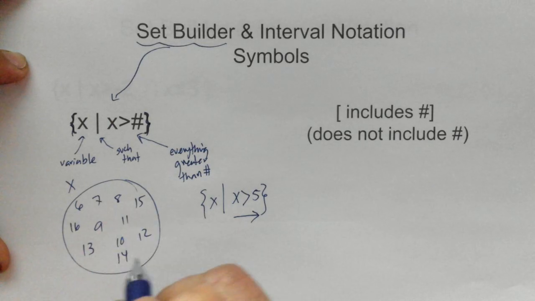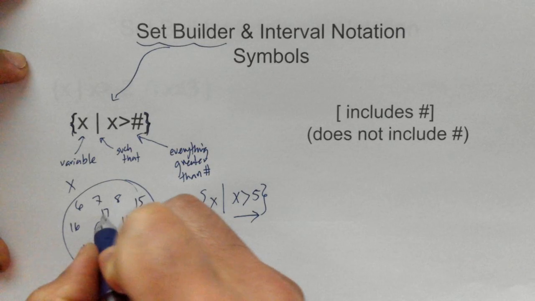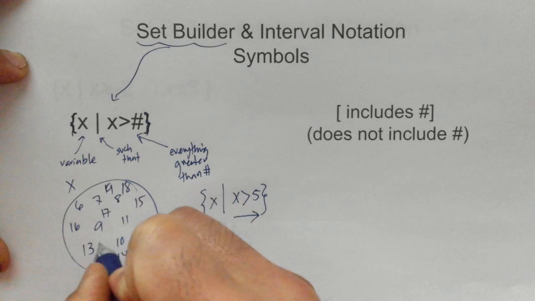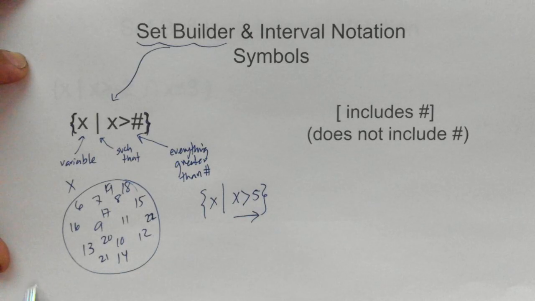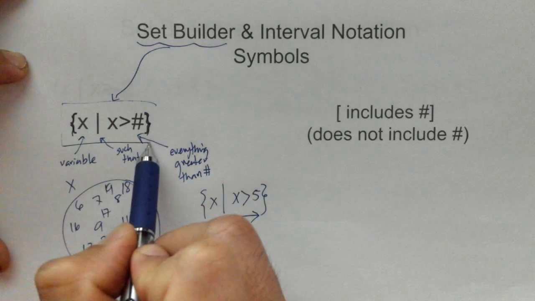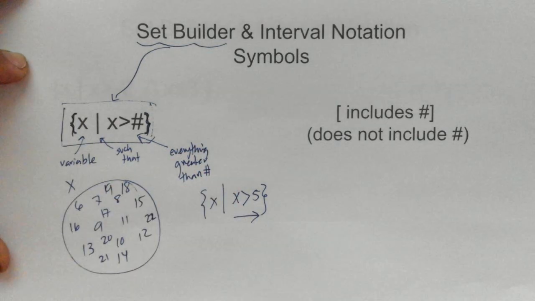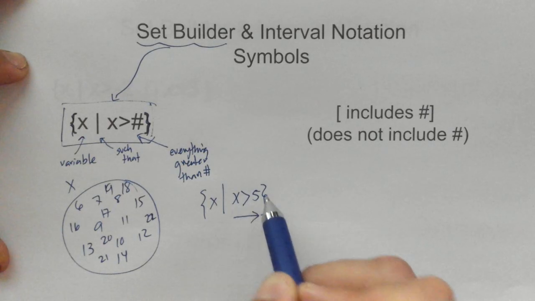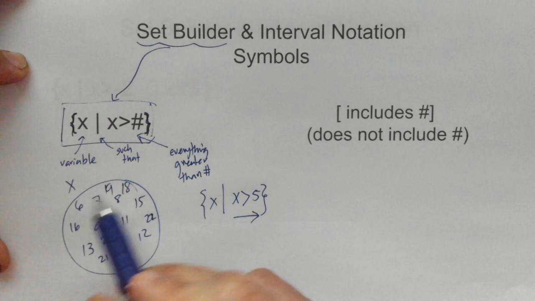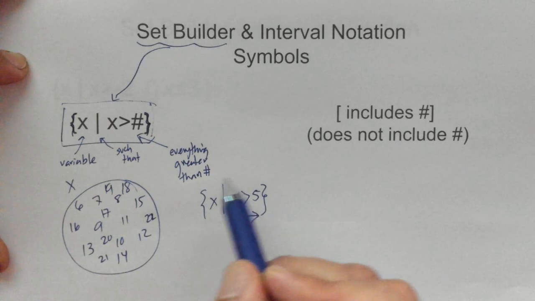We're going to be able to continue filling this box with 17, 18, 19. We would never end. And writing all of these numbers is very taxing and tedious, right? So we use this shorthand way of describing it by using set builder notation. We can just say, look at all the x values such that x is greater than 5. And then we don't have to even write all the numbers. We can just think of all the numbers bigger than 5.